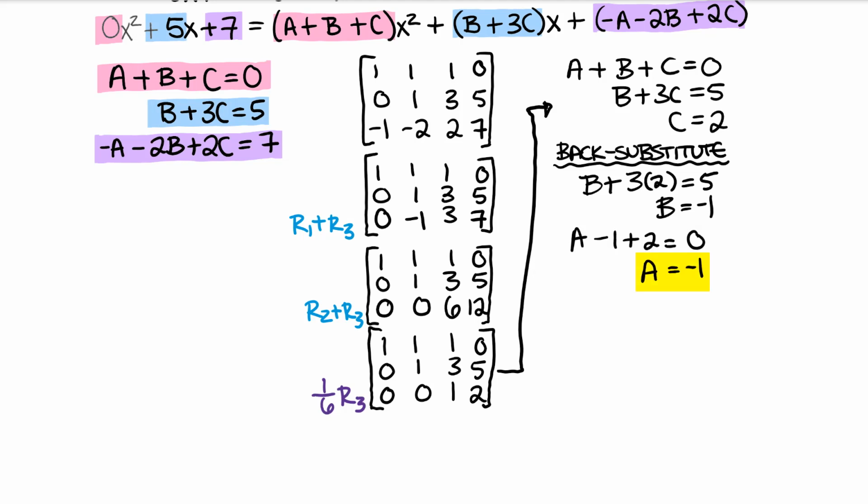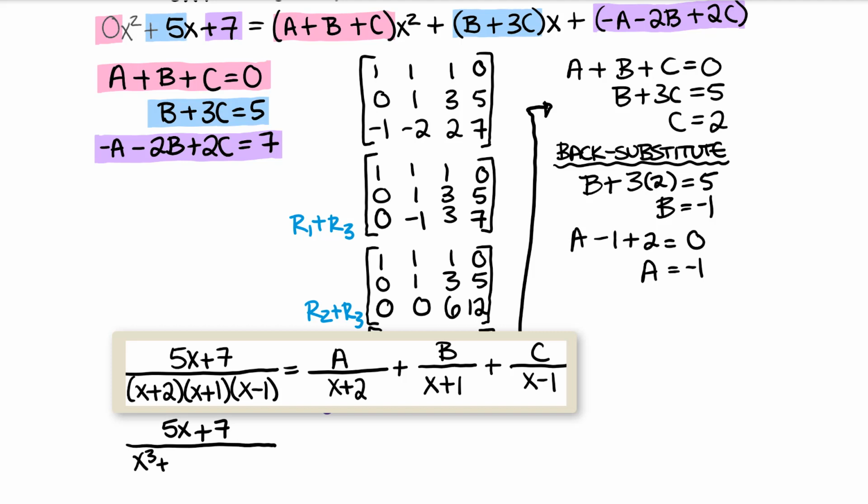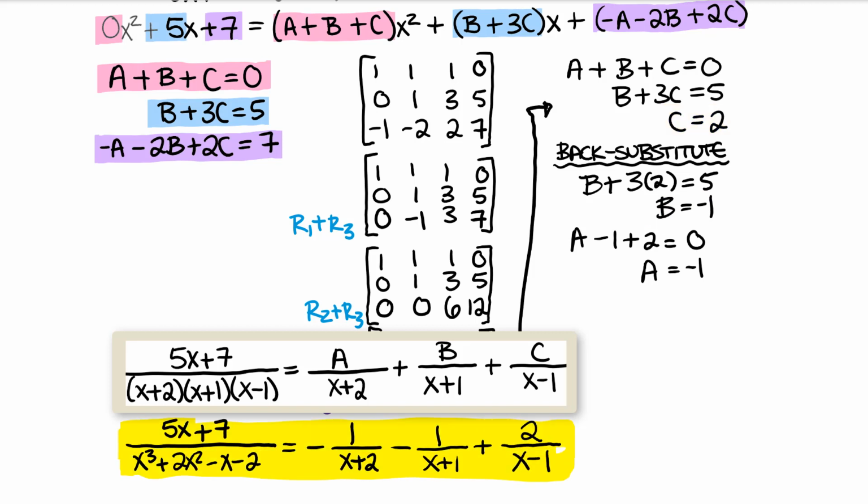So A is -1, B is -1, and C is 2. Therefore, our original fraction can be rewritten as a sum of these partial fractions: -1 over x plus 2, -1 over x plus 1, plus 2 over x minus 1. And that is your partial fraction decomposition.